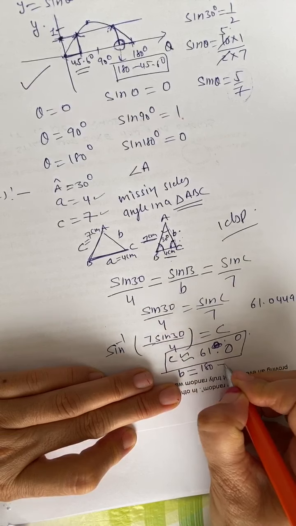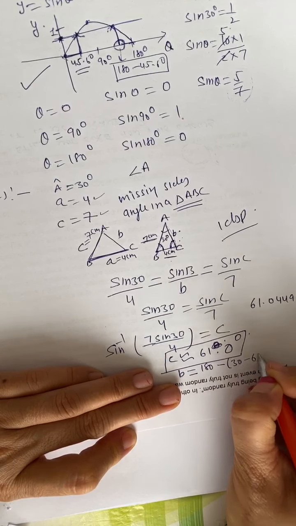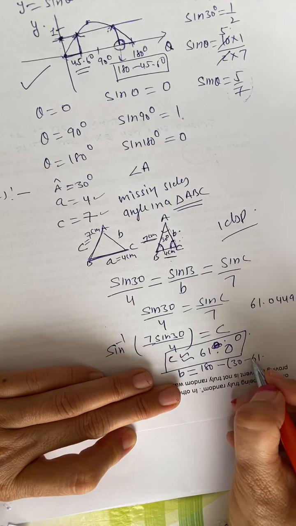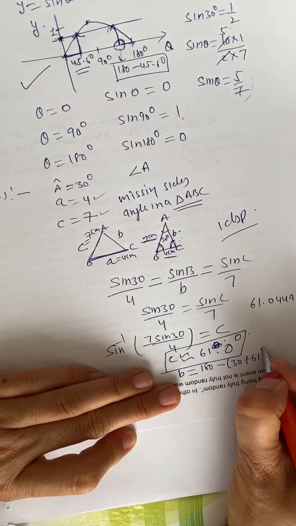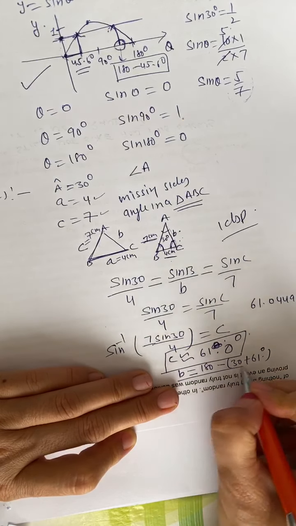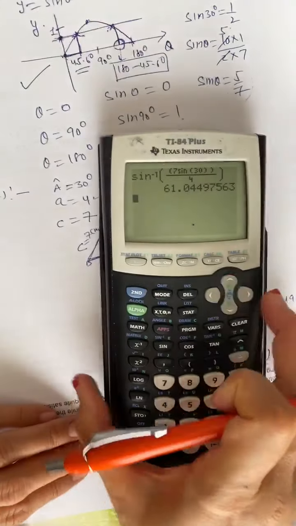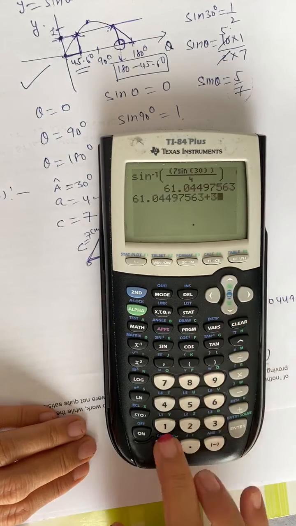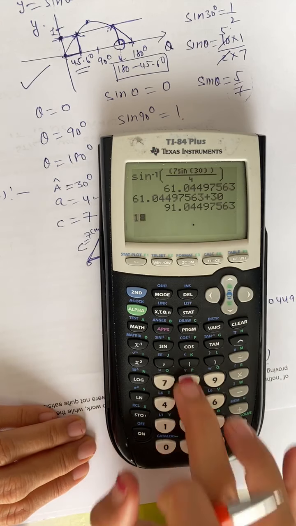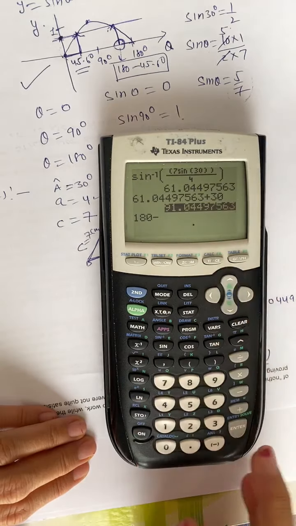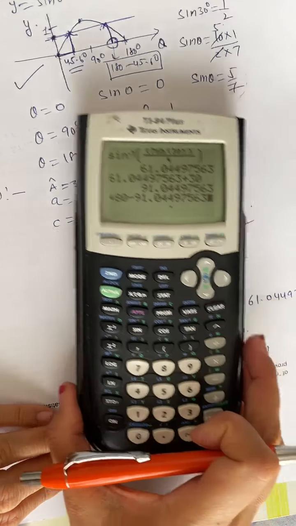B will be 180 minus 30 minus 61. I'm going to write 61 and now you can plug this in your calculator. So I can use this value plus 30 and then 180 minus that. So I got 91 degrees.